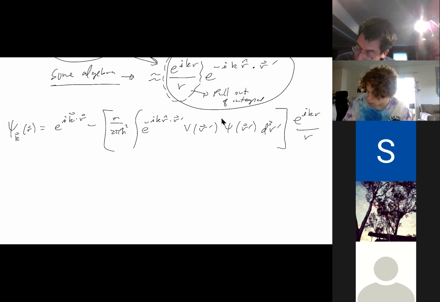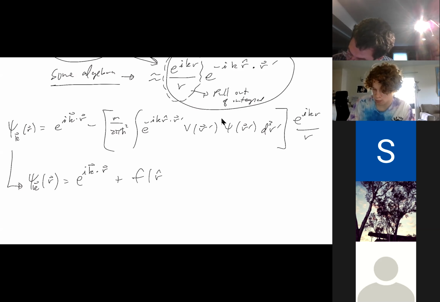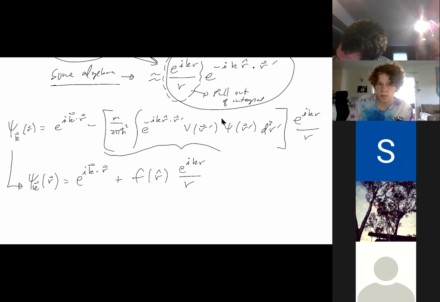What that means is that my most general scattering wave function has this form. It's a plane wave plus this other part, f of r hat times e to the i k r over r, where this mess of stuff is a function of r hat.